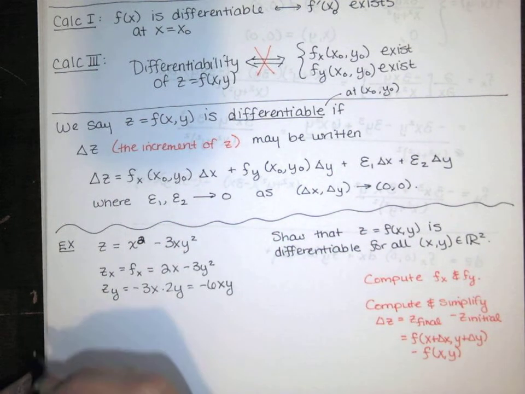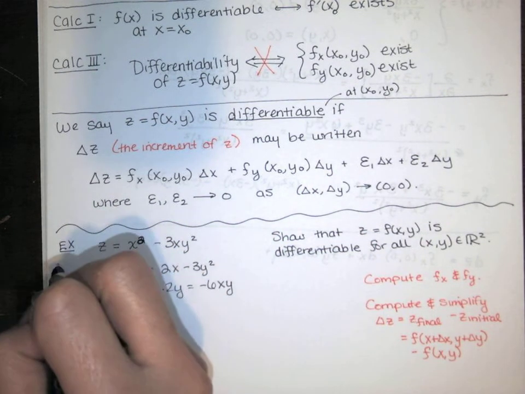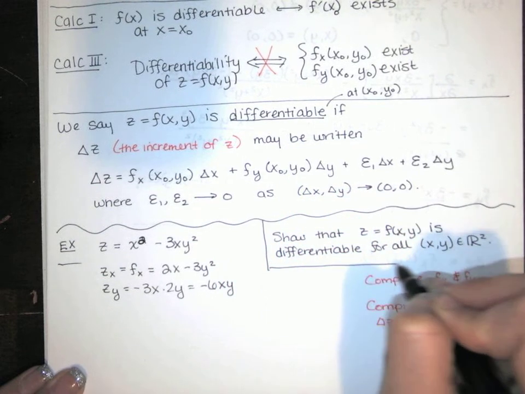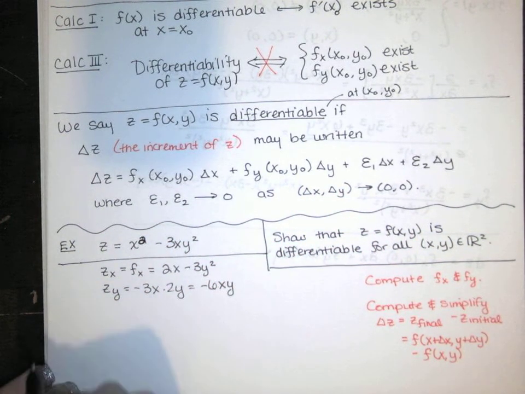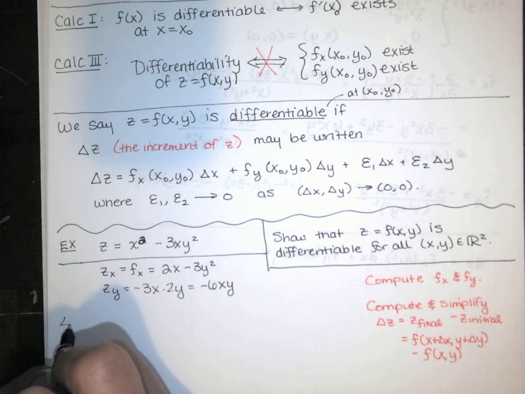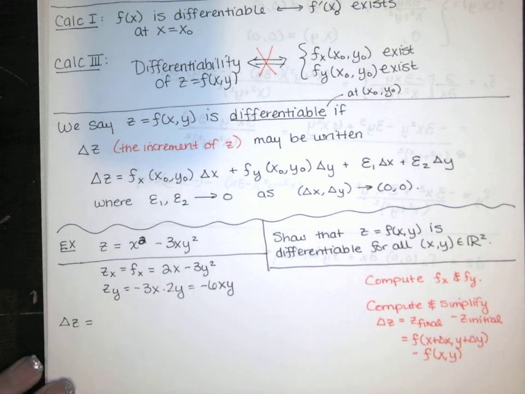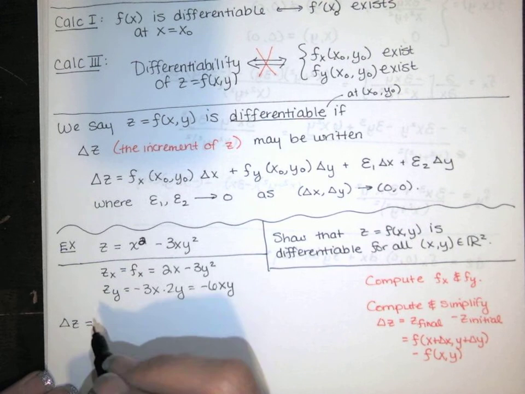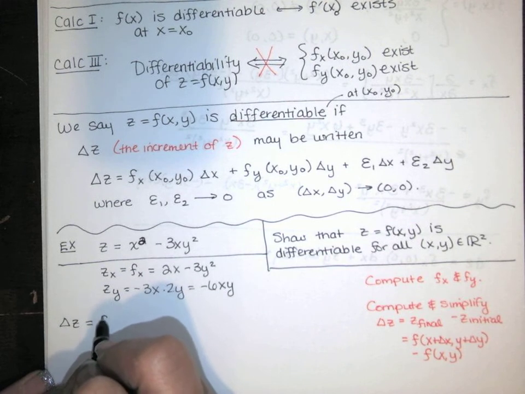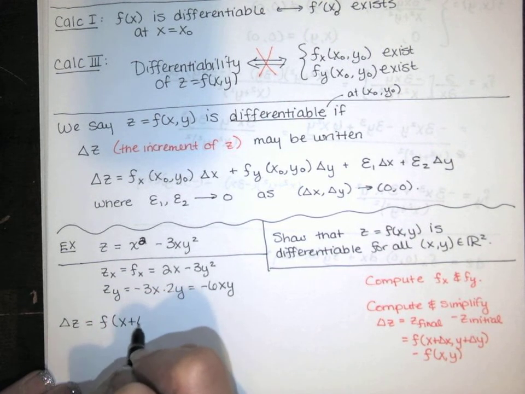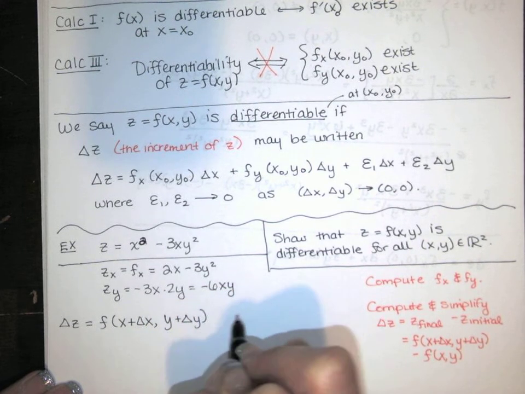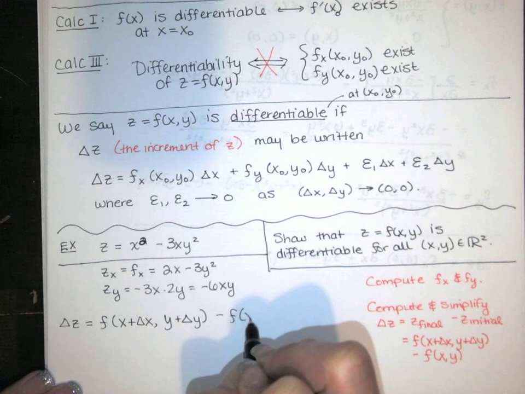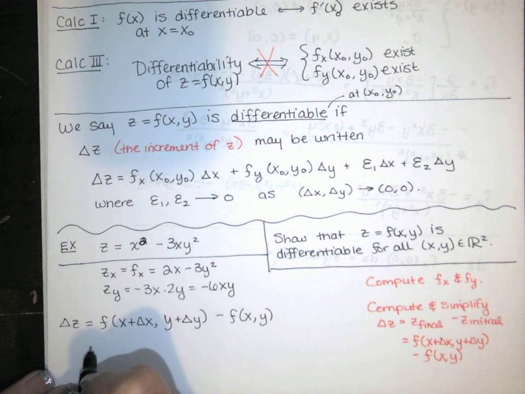Okay, so we've already done that first step. That was step 1. We computed the partials, so we're done with that. And now we want to compute delta z, excuse me, the increment of z. So I need f evaluated at x plus delta x, y plus delta y, minus f of xy.